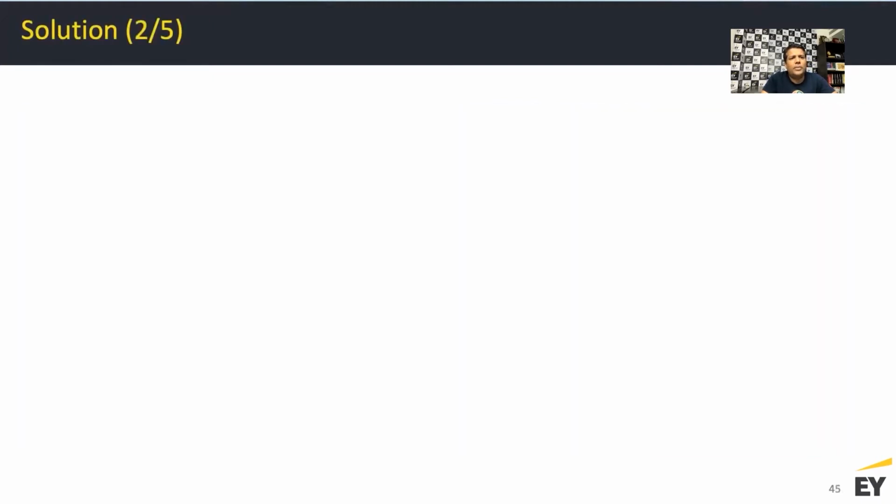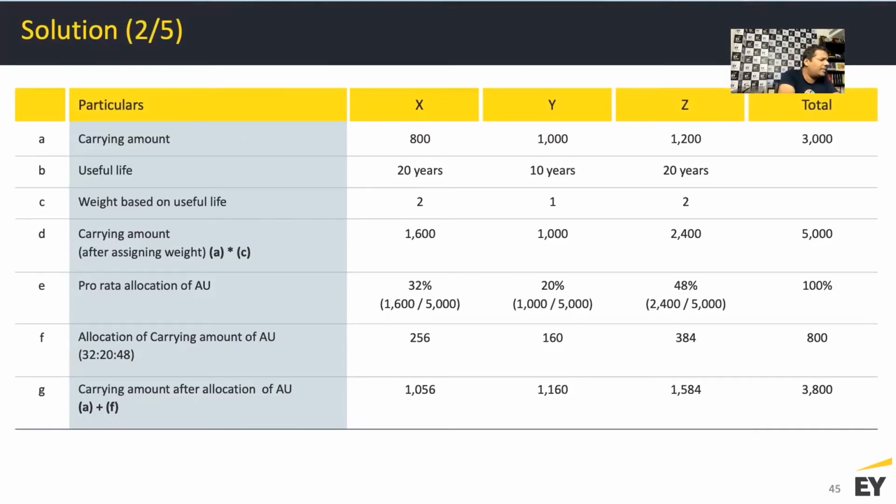So how am I going to do it? If you look at the carrying amount, XYZ was 800, 1000 and 1200. This is the information given. The useful life is 20 years, 10 years and 20 years. So I'm going to apply the weights, which are 2, 1 and 2. You multiply this with reference to the carrying amount: 1600, 1000 and then 2400, so 5000 after applying the weight.